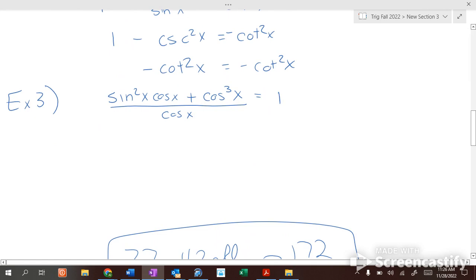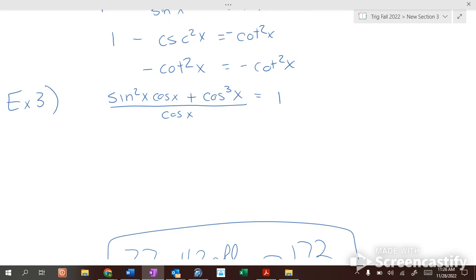Example number 3. Sine squared cosine plus cosine cubed over cosine equals 1. How can that complicated mess on the left side equal 1? Well, it's super simple. What would be your very first step?